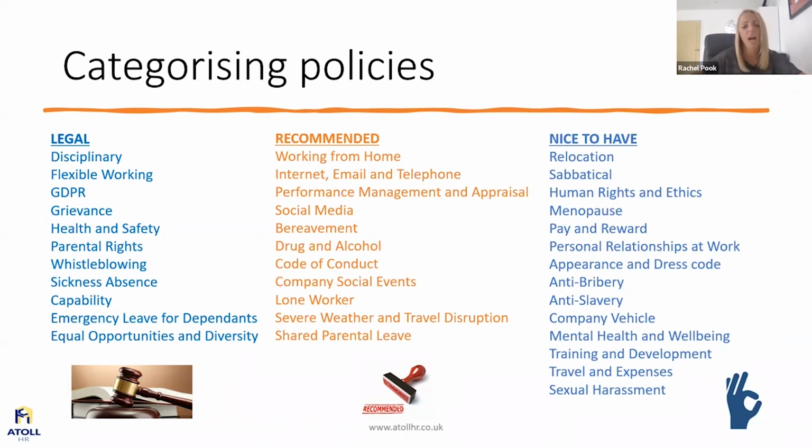Anti-slavery, anti-bribery. Okay, I'm assuming it's because it's a nice to have. Anti-slavery, it sounds really odd, tends to be more for a specific occupation. So you tend to see that more in agricultural, more so than offices, because it tends to be where there are immigrants that are being used and not paid properly and not treated properly.